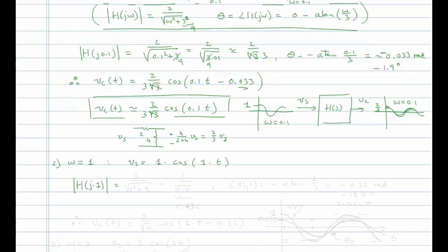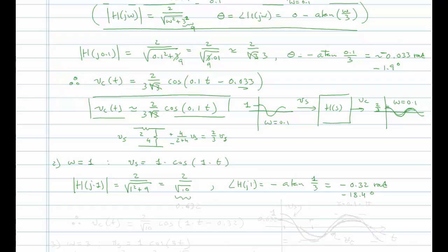And that is equal to 2 over square root of 1 squared plus 9, equal to 2 over square root of 10. And our angle, h of j1, is equal to minus the arctan of 1 over 3, which is about minus 0.32 radians, or minus 18.4 degrees.